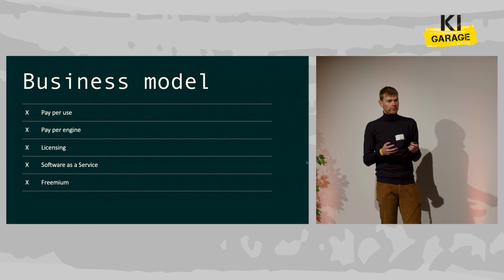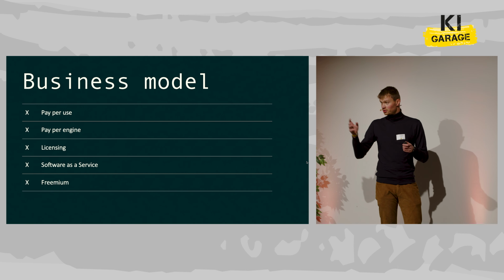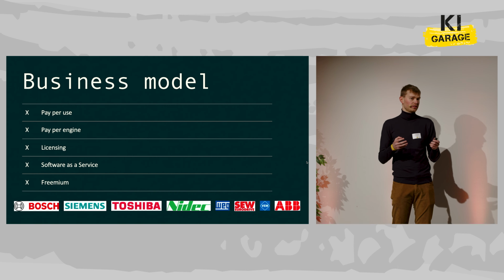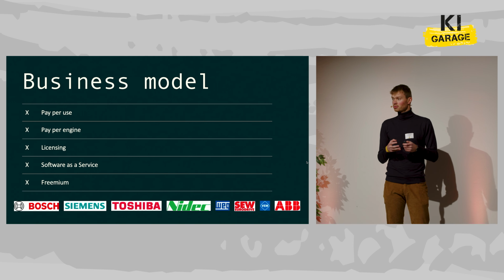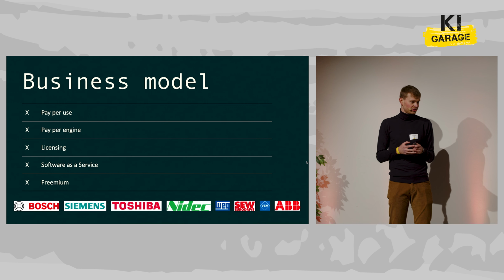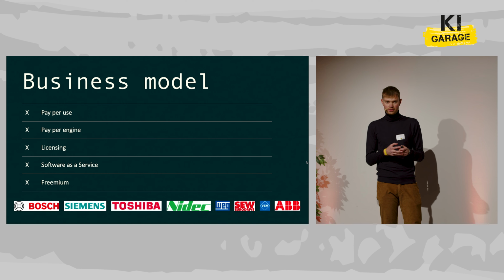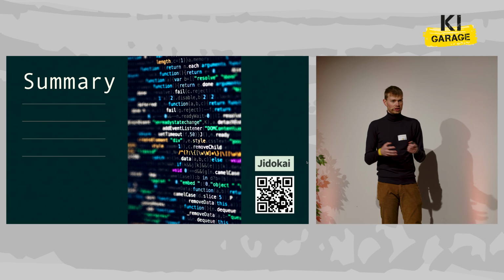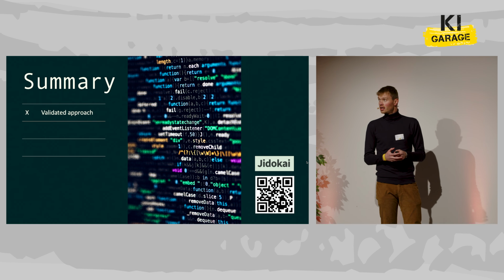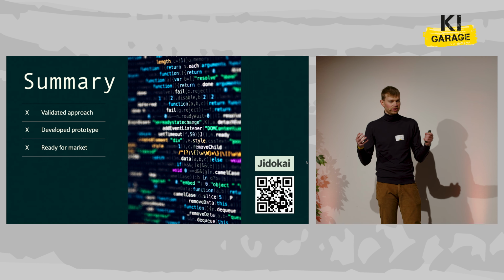So this is what I want to find out about, especially with some real partners, which you can see maybe here. So the main big motor manufacturers, I want some contacts to them, want to work together with them. And I also know there is someone here today in the room. So the goal would be to work together with them to evaluate the business model and to start it up. As the summary, I have a validated approach, I have a developed prototype, and I'm now ready for the market.